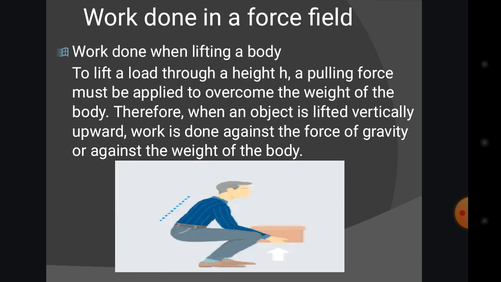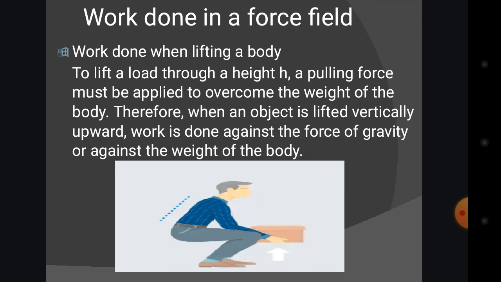So, work done in a force field. Normally when we say work done, W is equal to F times d, that is, the force times the displacement, the force that you use to complete that work.